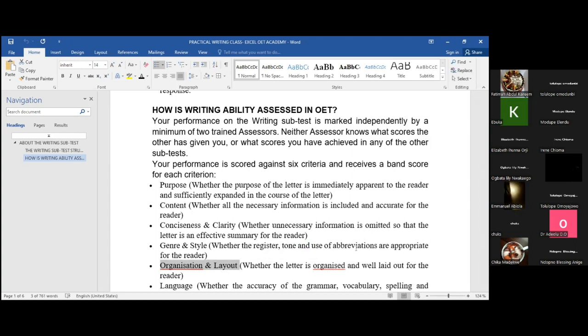And then there are certain things to note. For example, if it's an urgent letter, after writing your introductory paragraph, the next thing to write is today's visit. So if you do not write today's visit after your introductory paragraph in an urgent letter, you've missed out a point in organization and layout, because you must be strategic. You must know what should come and what should not come.